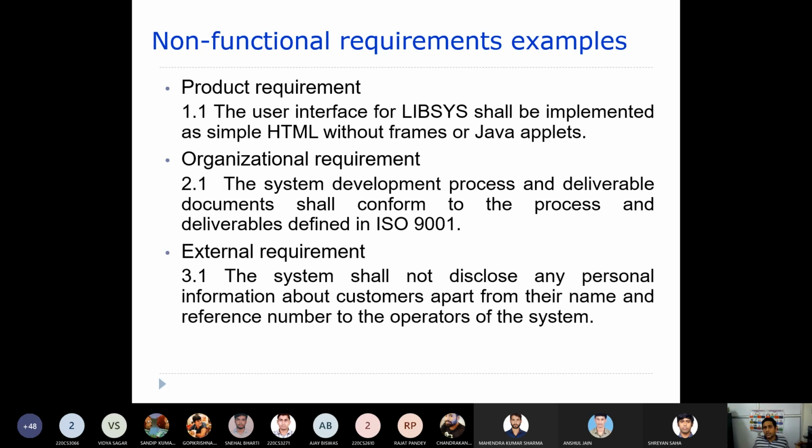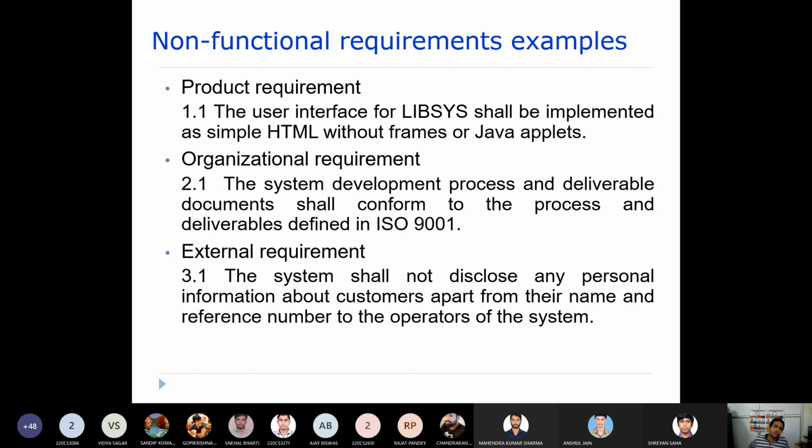Now what should be an organizational requirement in that case? Whatever deliverables or documents are created by this particular development should be defined using some sort of standard.